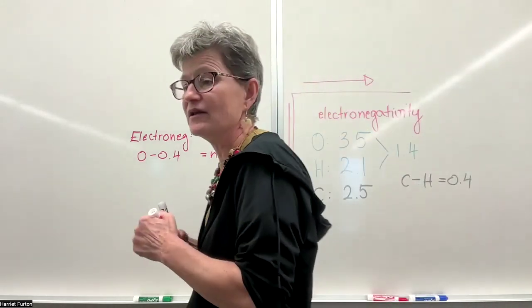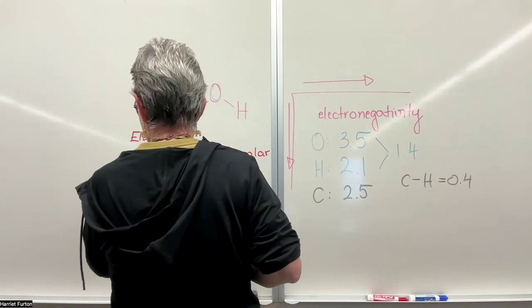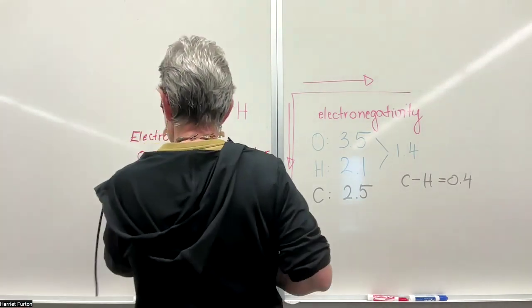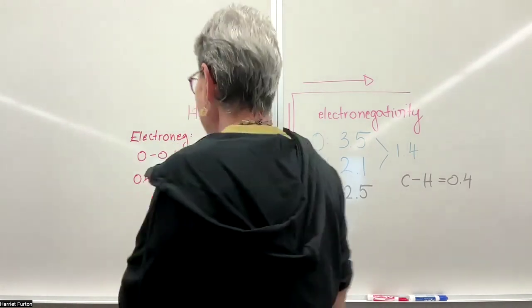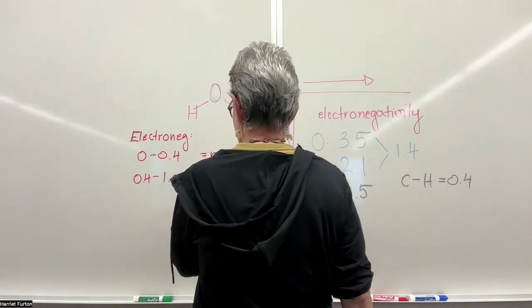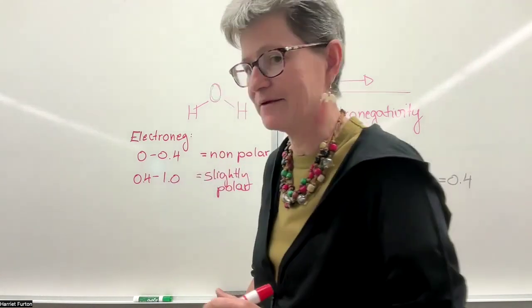On the other hand, when we go from 0.4 till 1, at this point it will be a slightly polar bond between two atoms.